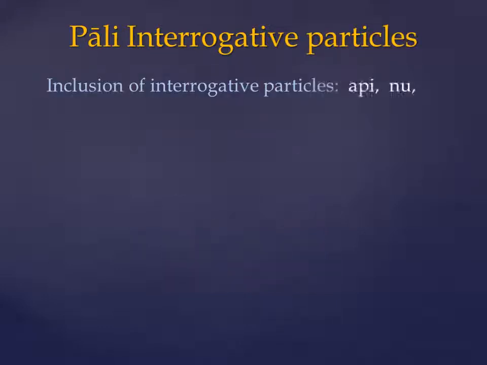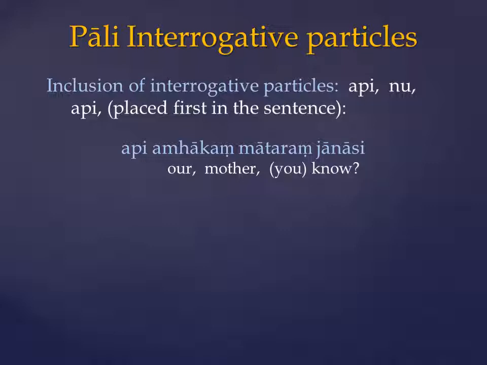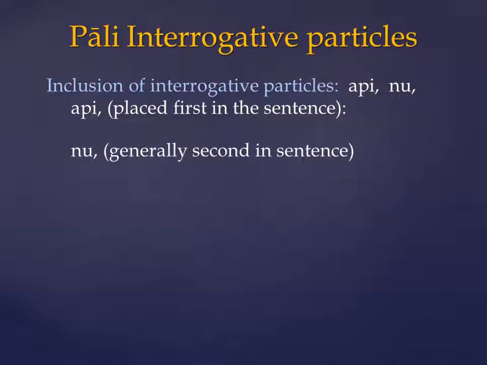Finally, we have the inclusion of interrogative particles, namely api and nu. Api actually has many meanings, but when used as an interrogative, it's always placed first in the sentence. So the sentence, api amarkang, martarang, janasi, word by word means, our, mother, you know. We can see that the nouns for our and mother are both in accusative case, and so form a unit. So we can render this, do you know our mother? The other interrogative particle is nu, and nu is an enclitic.